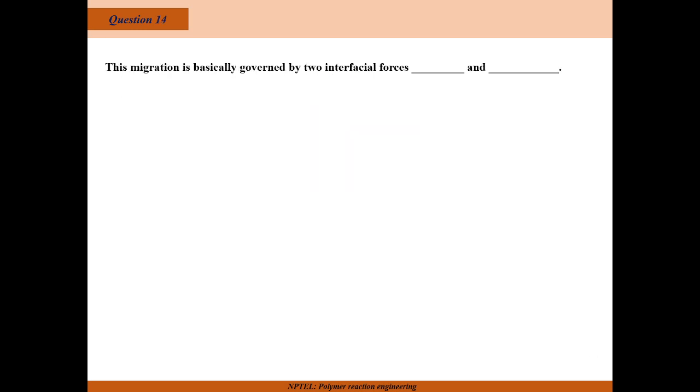The migration is basically governed by two interfacial forces, dash and dash. Migration of polymers is governed by two interfacial forces. What are those two? Surface tension.